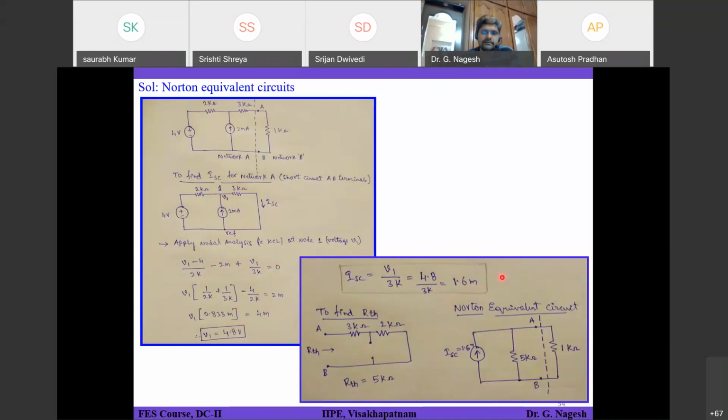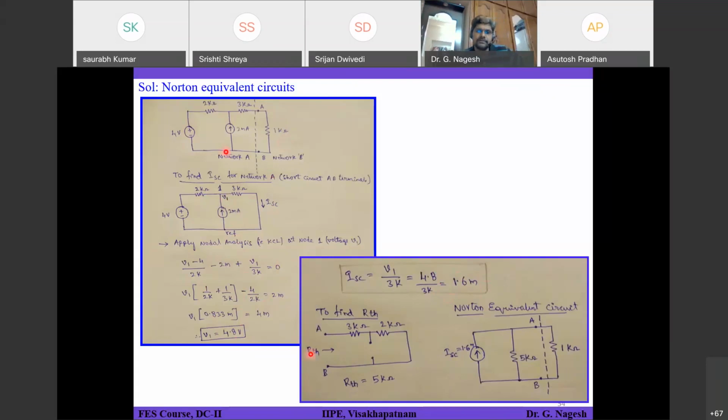That part is done. Next, you have to find out RTH. How to find out RTH? Remember, the method to find out RTH or RN is same, whether it's Thevenin's theorem or Norton's theorem. That means you will disconnect and just look into the terminals A and B to find out RTH.